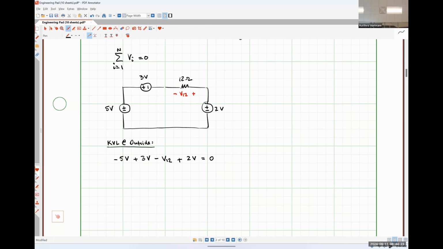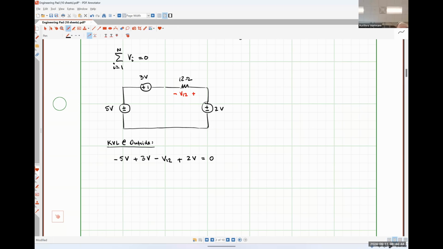Before we move on from this and do the very small amount of algebra to sort things out, does anybody have any questions about where any of those signs came from? All of that makes sense. Good deal.